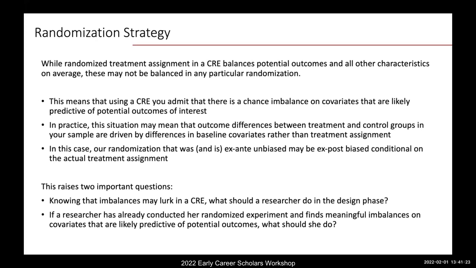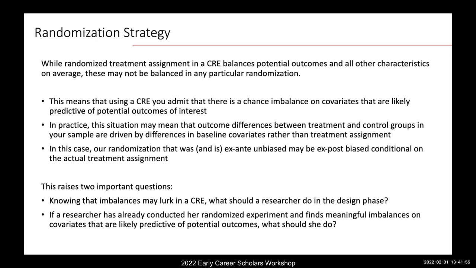So what does this mean in practice? In practice, the situation means that outcome differences between treatment and control groups in the sample are driven by differences in baseline covariates rather than treatment assignment, okay? So, for example, what we could imagine is that by chance, the treatment group is only composed of women, whereas the control group is only composed of men.